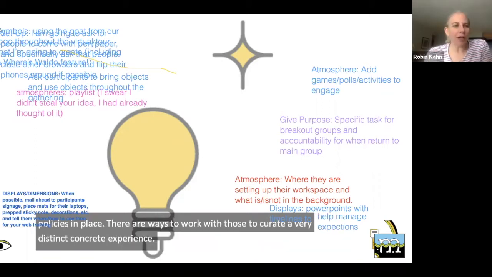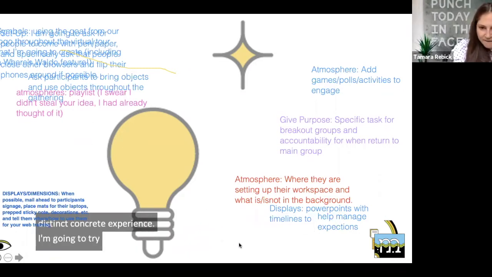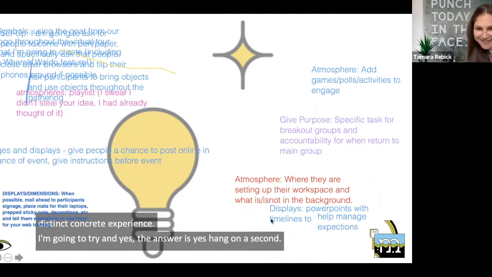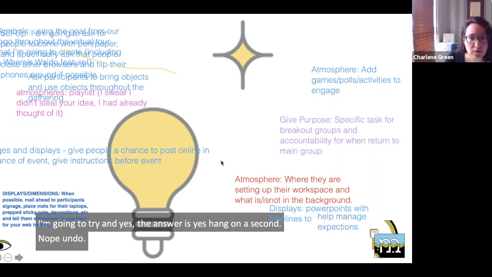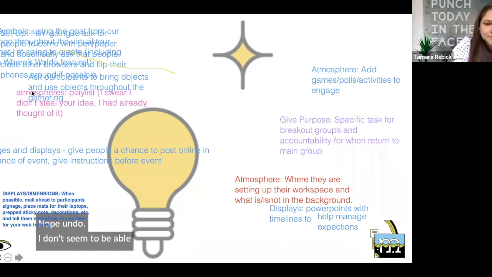Mara, can you try to move them around so we can read them? I'm going to try. Okay. The answer is yes. Hang on a second. Nope. Undo. I think everybody can move their own, but I don't know if you can move others. I don't seem to be able to. Hang on a second. Wait, maybe I can do it.